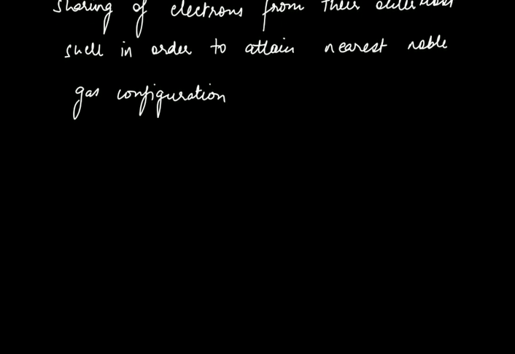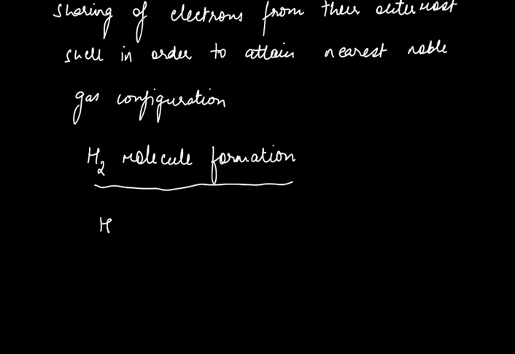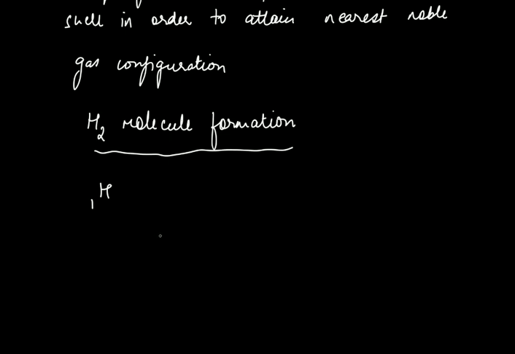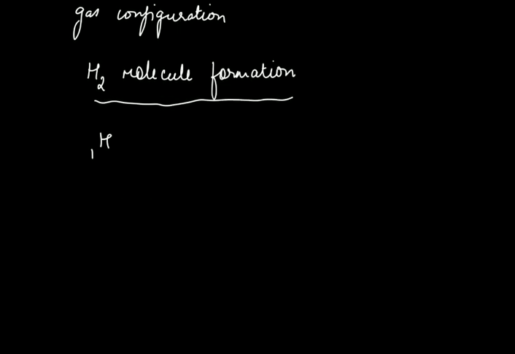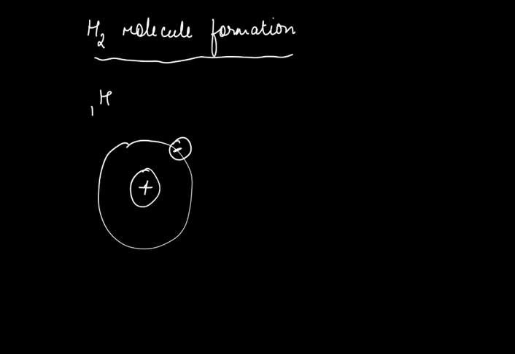So we are going to take a very simple example, hydrogen molecule formation, H2, because hydrogen has only one electron in it. Atomic number 1, it has only one electron. Let's imagine we have a nucleus like a hydrogen atom, and we have our minus, this electron.